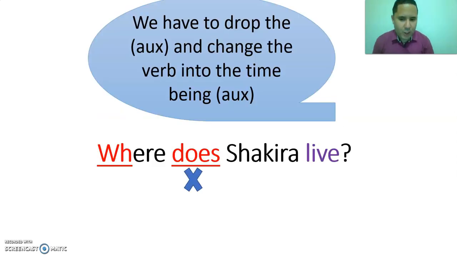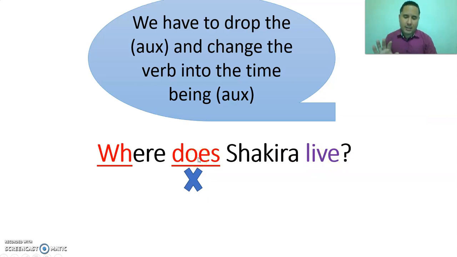Now, another situation. What about if you have a WH question, but this time it doesn't have the verb to be? What it has is the auxiliary verb. It could be do, does, or did. Well, what happens, guys, is that we drop the auxiliary, okay? We drop it. And depending on the auxiliary's tense, the verb will be modified.